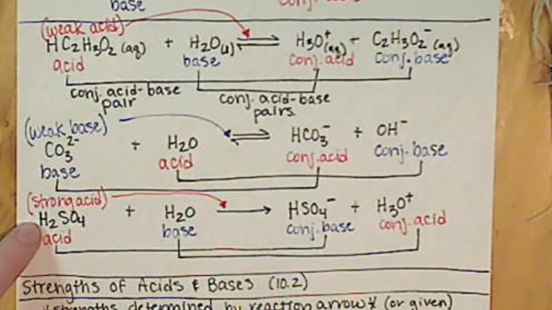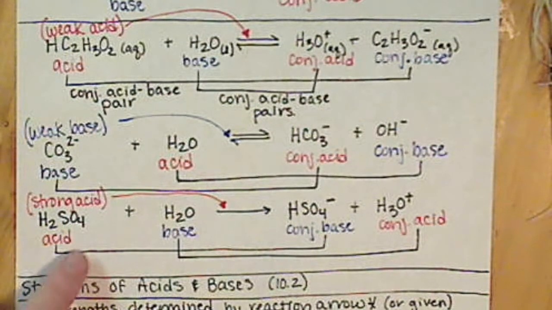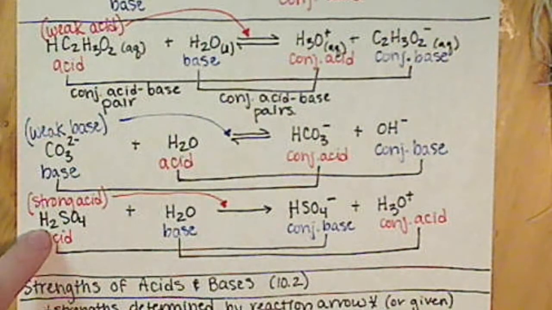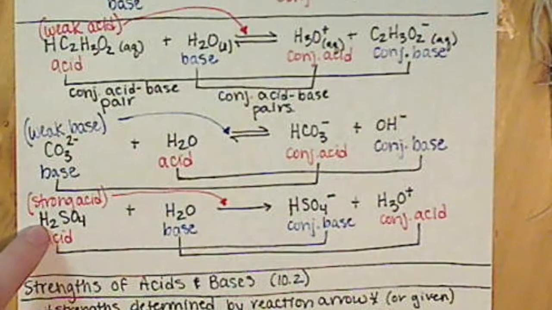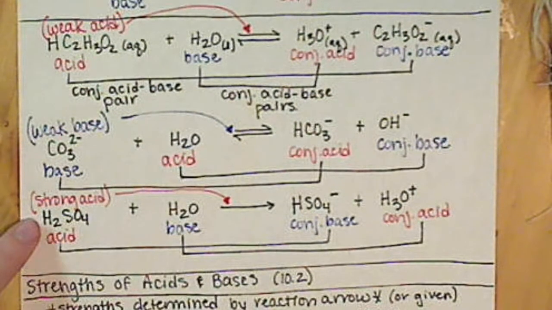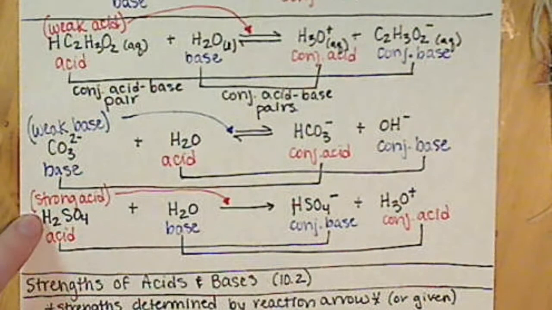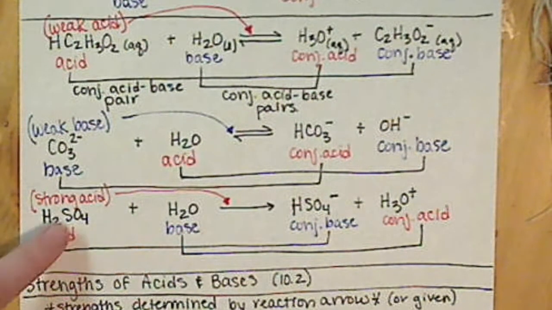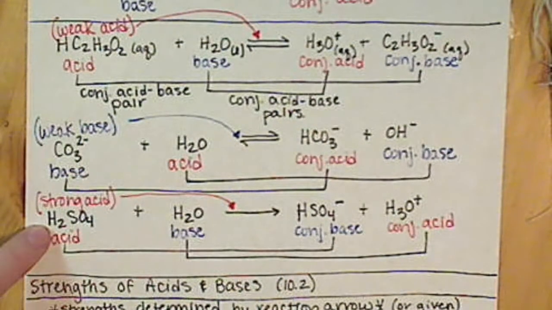Then we looked at sulfuric acid, this H2SO4. Sulfuric acid has two acidic protons, but when we look at chemical equations for acids and bases as they interact with water, we're only going to lose one hydrogen out in front. There are other types of reactions, which you'll get into in section 10.5, where all of those hydrogens will be involved.